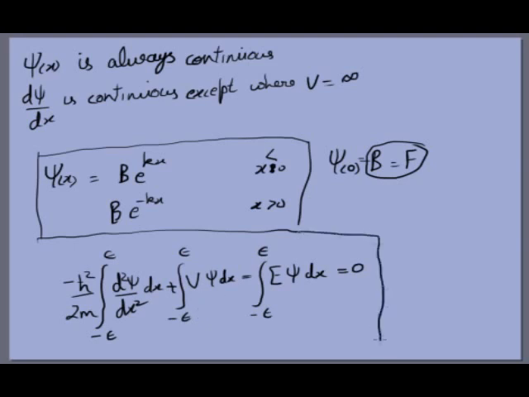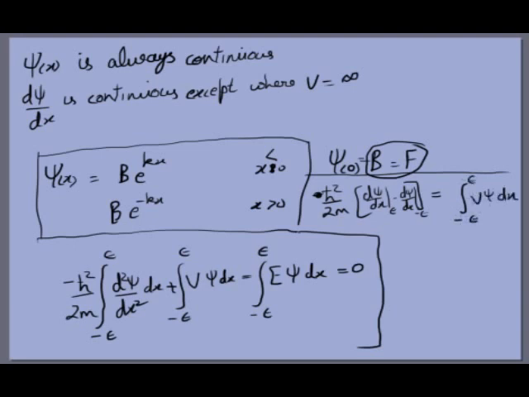And what is the LHS? Well, that can easily be written as -ħ²/2m, and what is this? This is the difference between dψ/dx at these 2 points. So dψ/dx at ε minus dψ/dx at -ε, and this is equal to, let's take the minus to the other side, the integral from -ε to ε of Vψ dx.